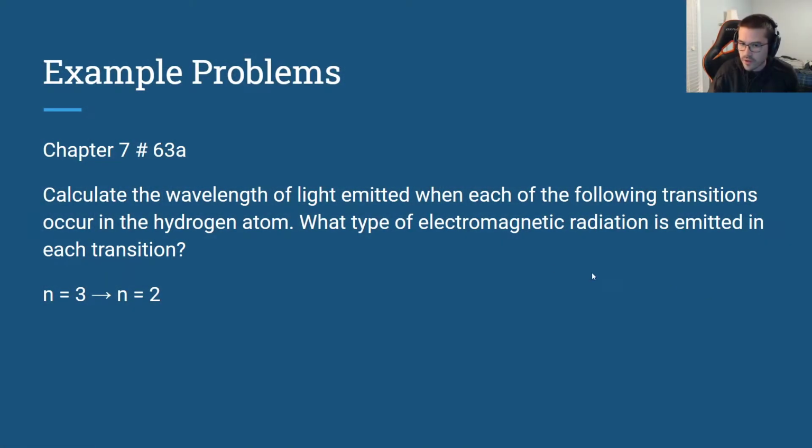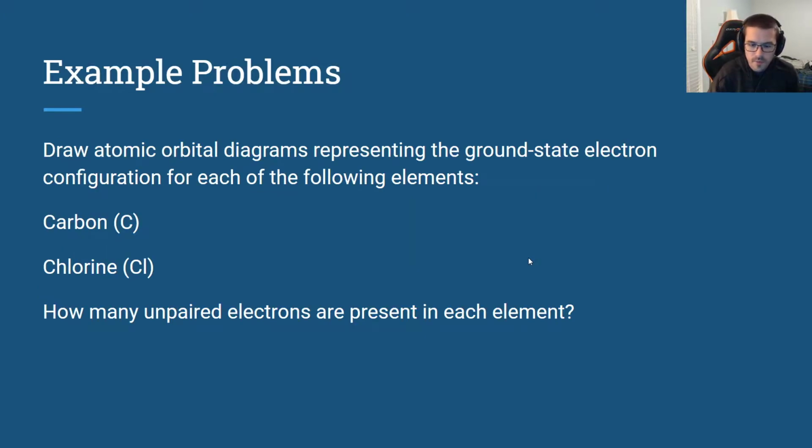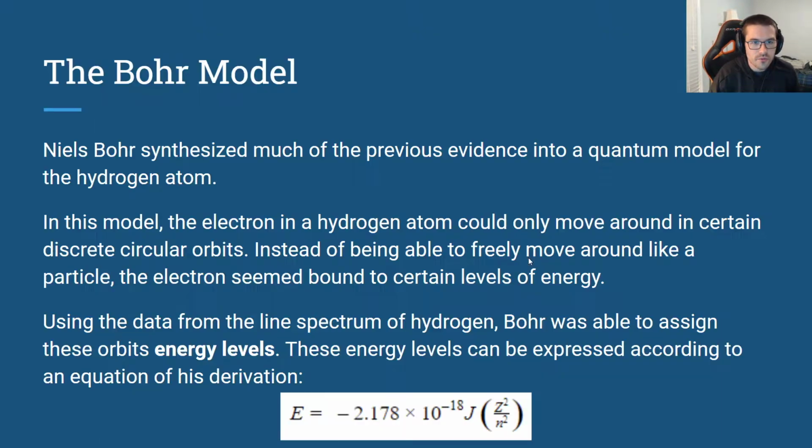Well, let me go back to the slides. If I go way back through the slides, we get to the first slide on the Bohr model, and I referenced this equation: the energy levels can be expressed according to an equation of Bohr's derivation. I said that we may come back to that later. Well, here we are.